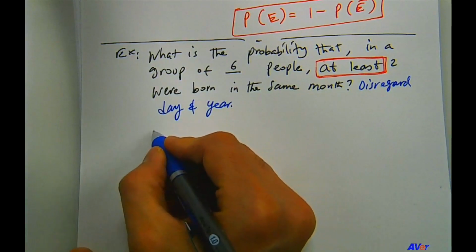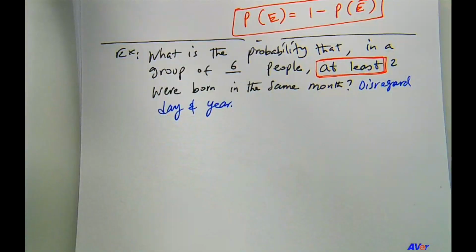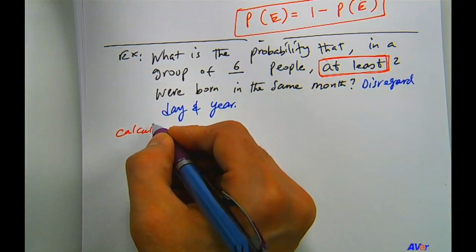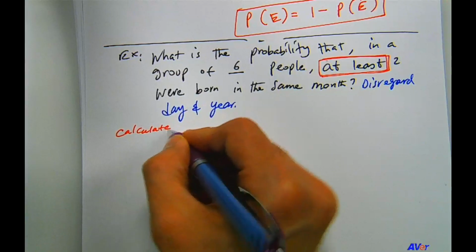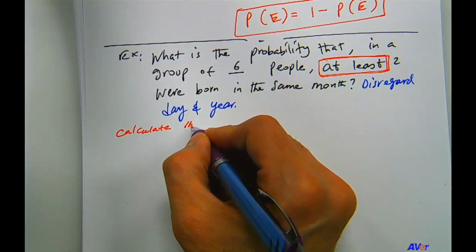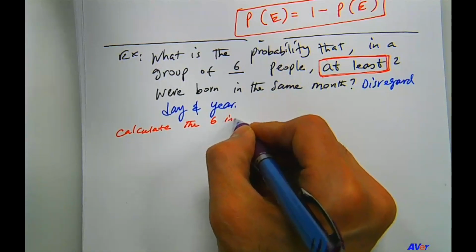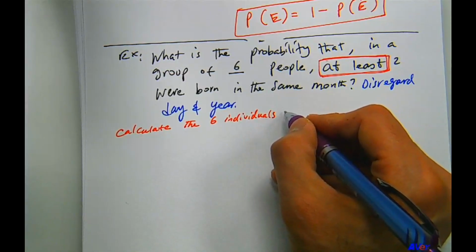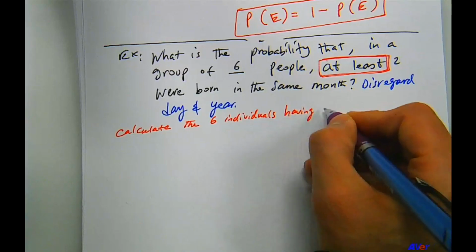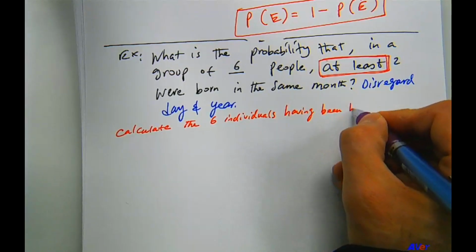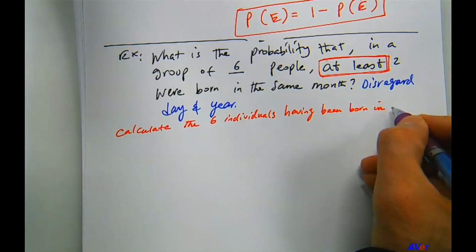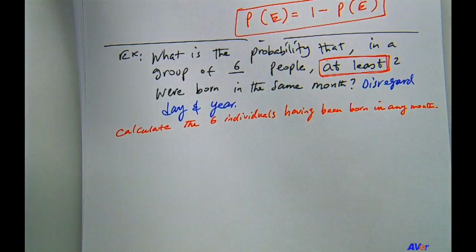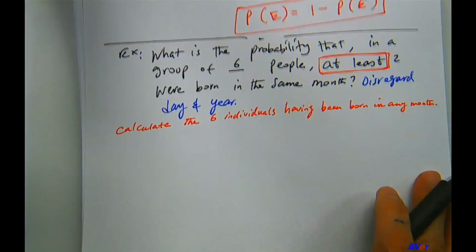So we have 6 people. So we want to calculate the 6 individuals having been born in any month, right? No restriction whatsoever.